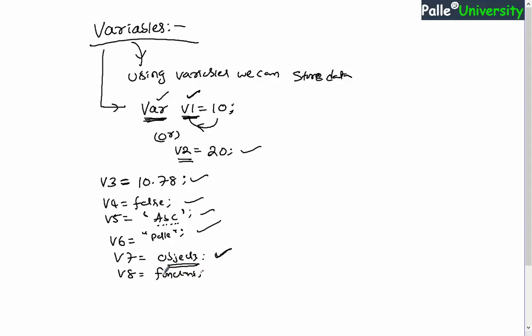So don't worry about how to store functions in JavaScript variables. As of now believe me, and remember that we can store even functions inside JavaScript variables. All these things are possible. Remember, in JavaScript we can store usually any data, or objects, or if you want you can store functions also, right?